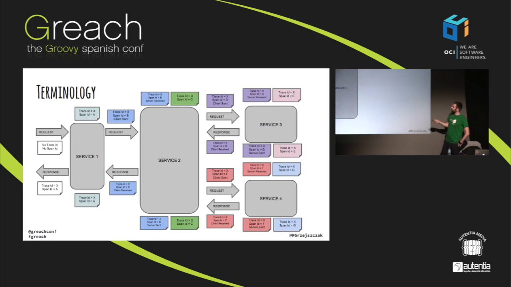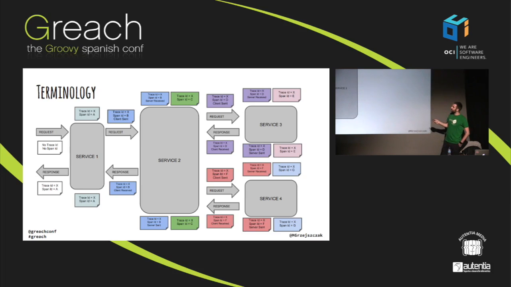The server side receives the information, and it stamps an event on the span. Here you can see that there is a client sent event, and here you have a server received event. And we're testing that as well in the unit, integration and end-to-end tests.